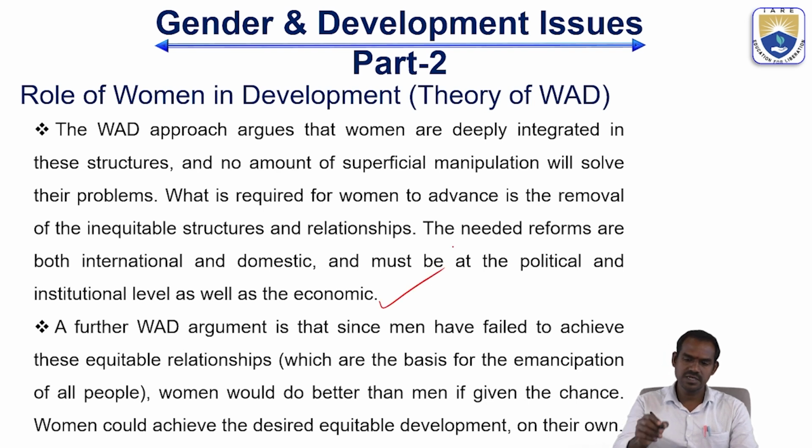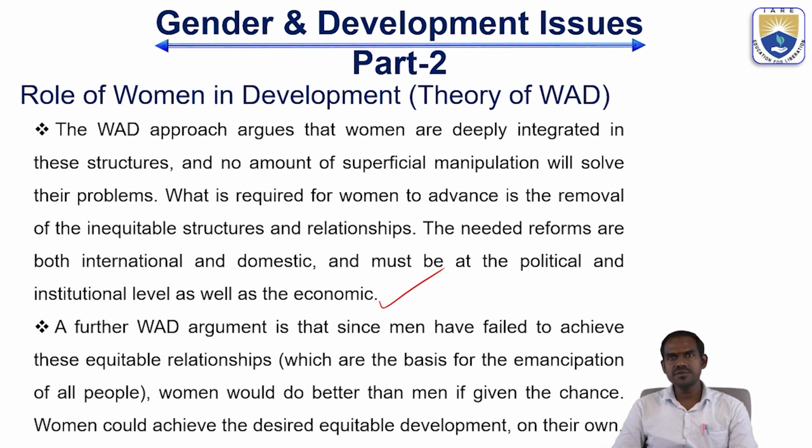So what is required for a woman to advance is nothing but the removal of the inequitable structures and relationships. The needed reforms are at both the international and domestic level. Domestic means household level.